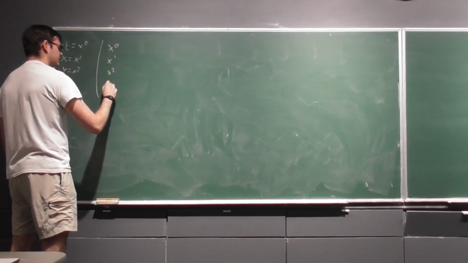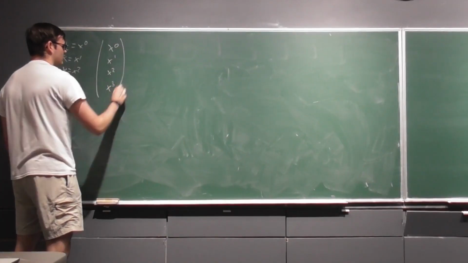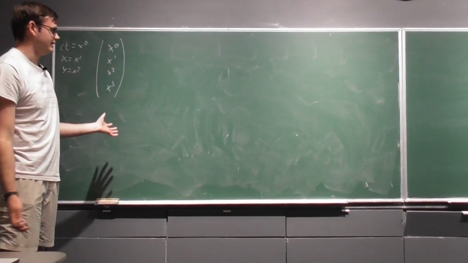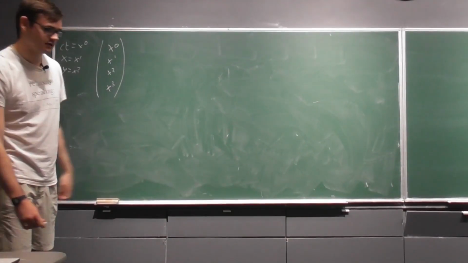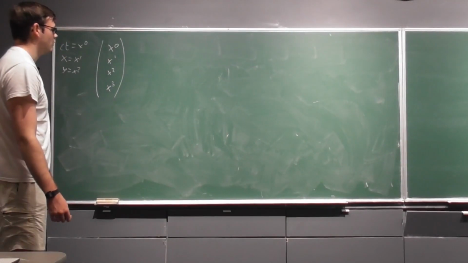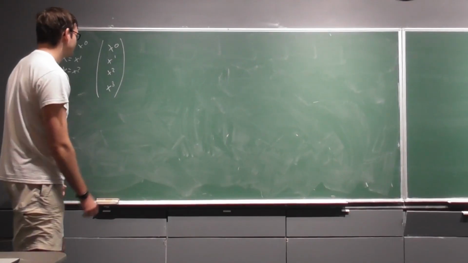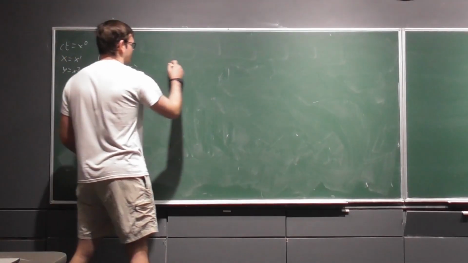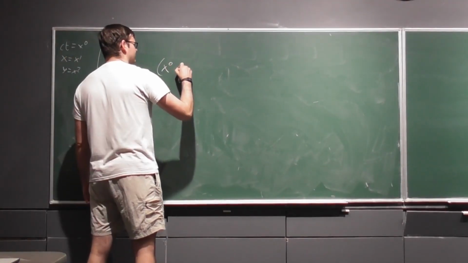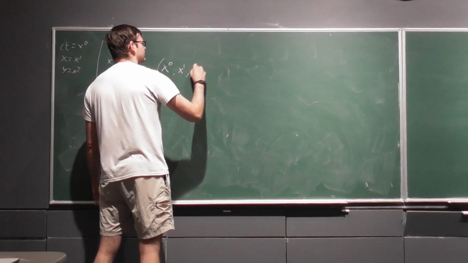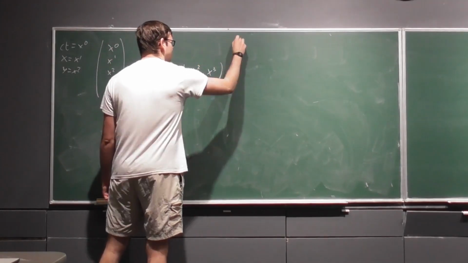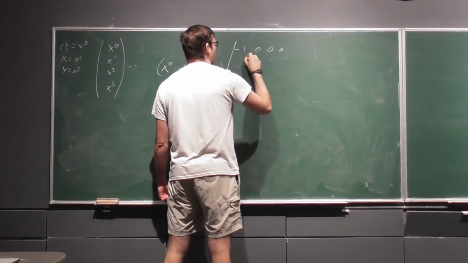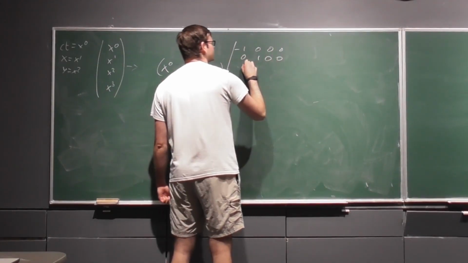So I just have x0, x1, x2, x3. We got the length in Euclidean space by taking it as an inner product with our metric. So we now want to know what happens if we do that with this one. This is our vector, so the inner product can look something like this: x0, x1, x2, so this is a transposed vector. Then we have our metric, which we established was minus 1 in the top and then an identity matrix.